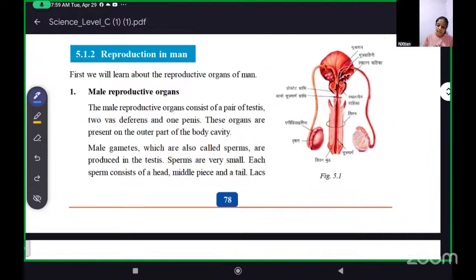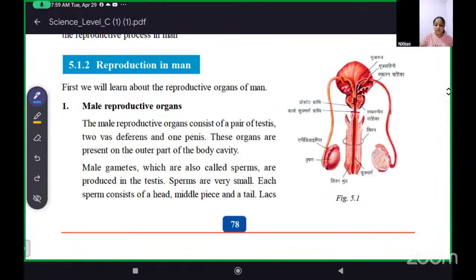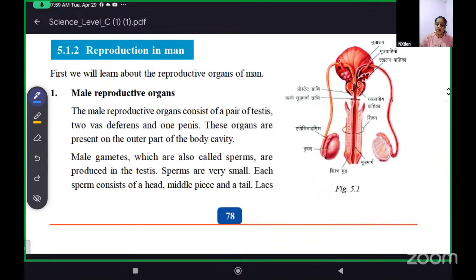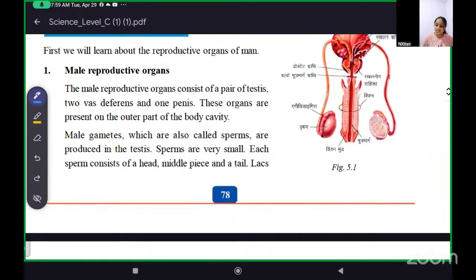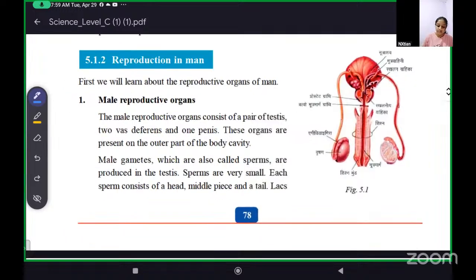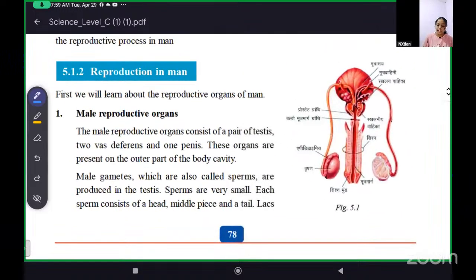Then she gives birth to a baby, a new organism. Now we will talk about reproduction. Ma'am, how does this process happen? This process happens, Abraham, when the sperm travels and the fusion takes place between the male reproductive organs and the female reproductive organs.